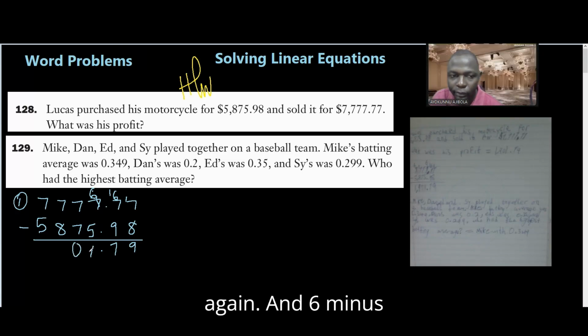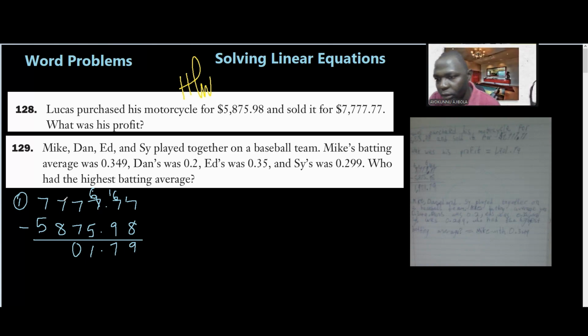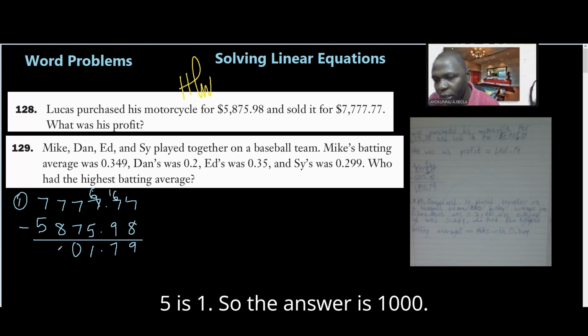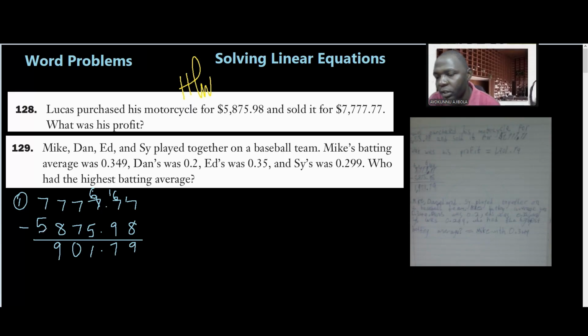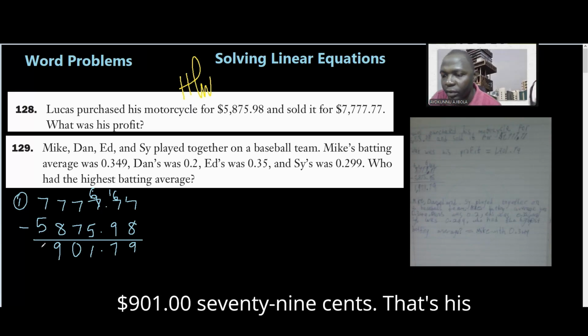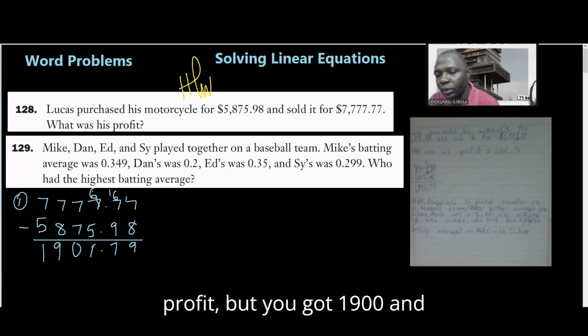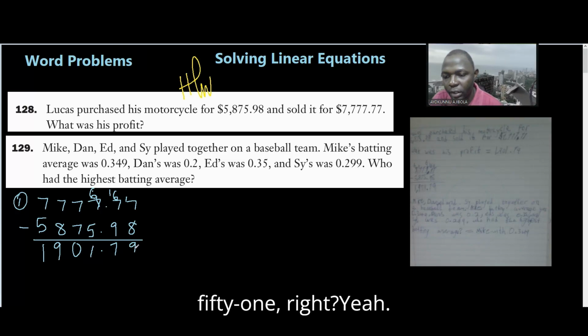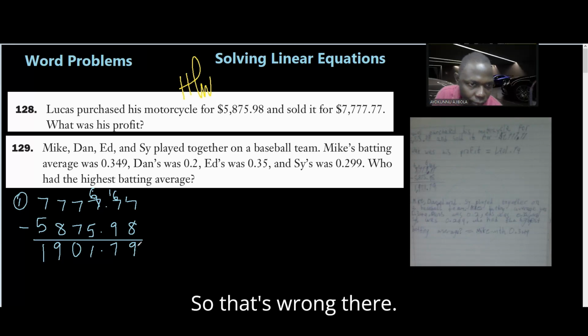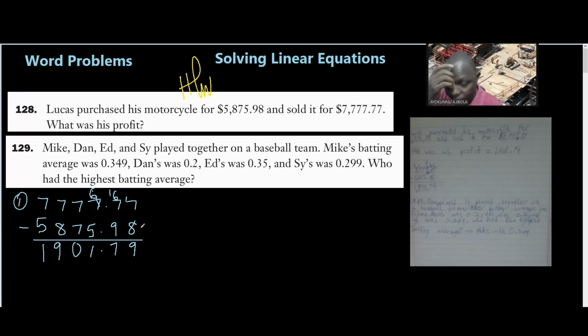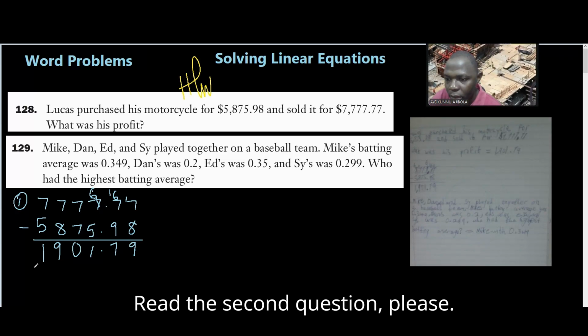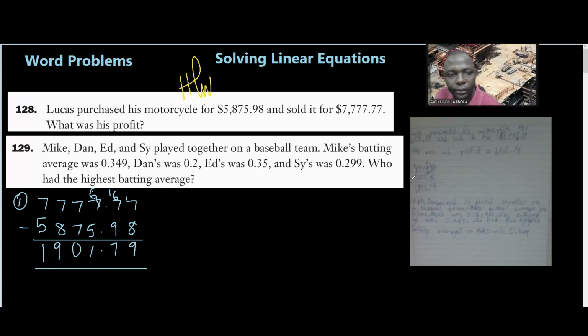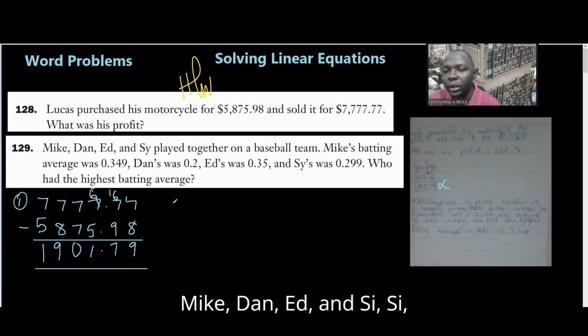Then 17 minus 8 again. And 6 minus 5 is 1. So the answer is $1,901.79 as his profit. But you got 1,951, right? Yeah. So that's wrong there. Read the second question, please.